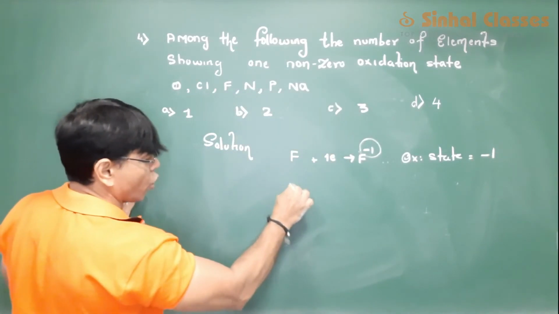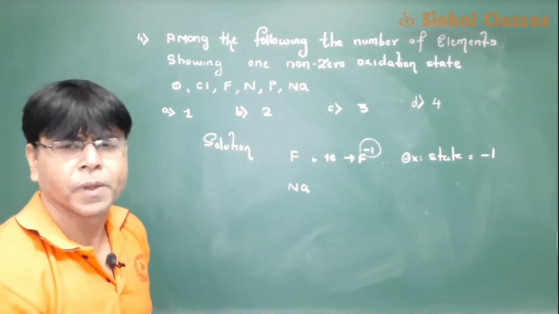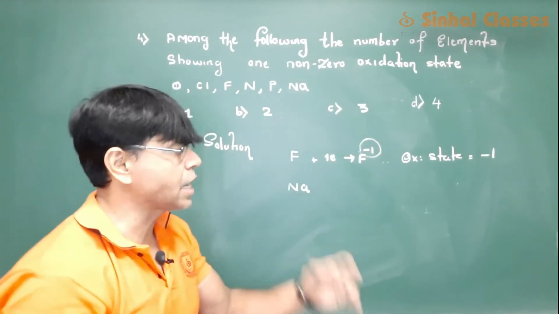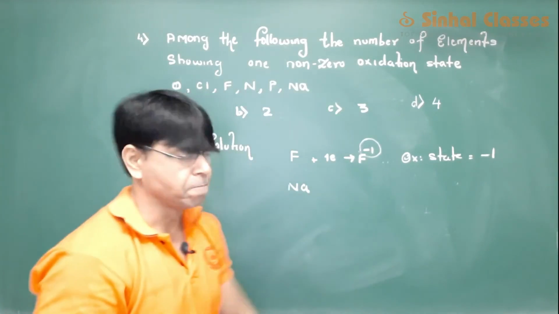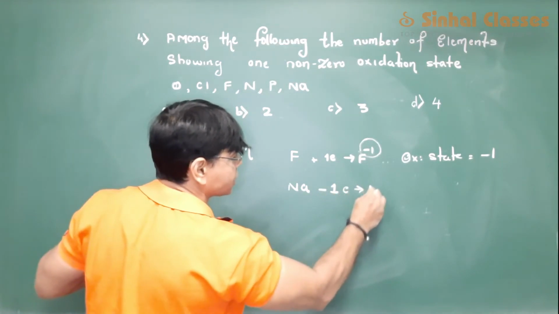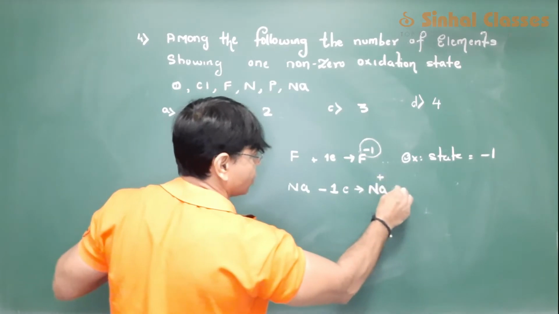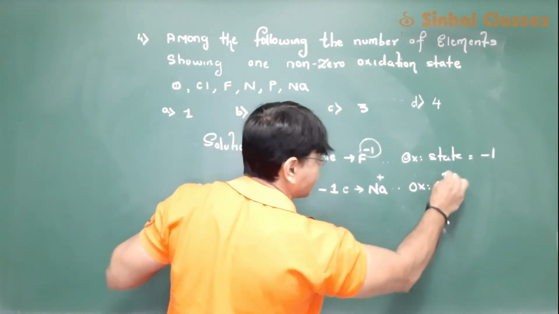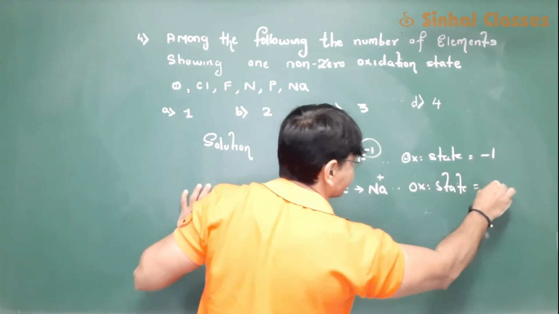Whereas sodium is an alkali metal. It has one electron in its outermost shell. So it loses one electron and turns into Na plus. So it has an oxidation state of +1.